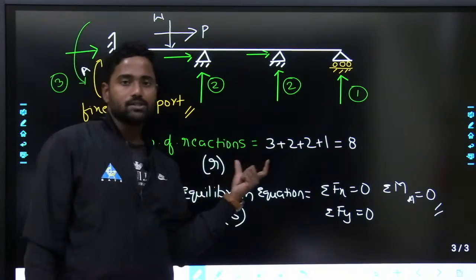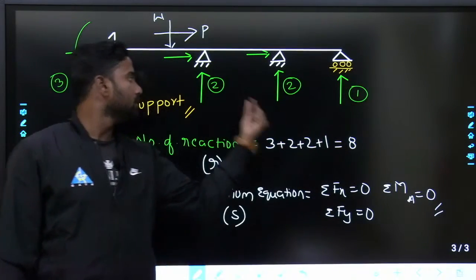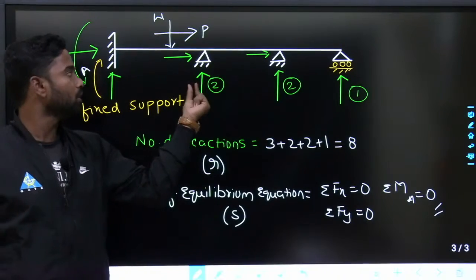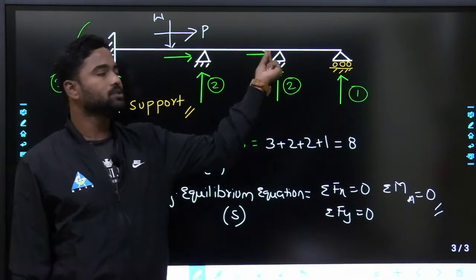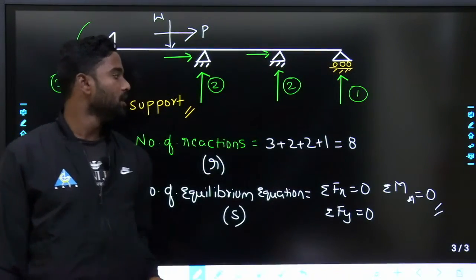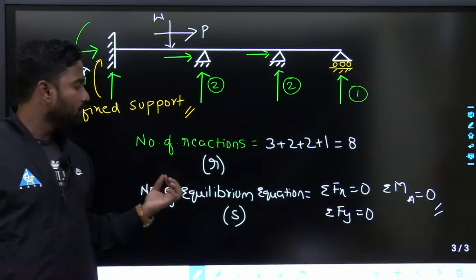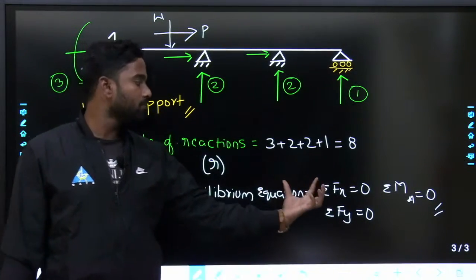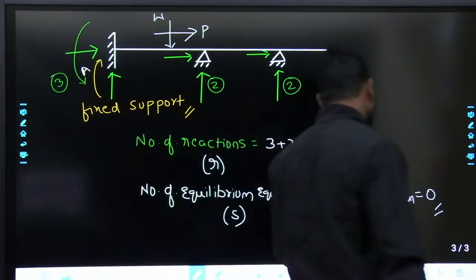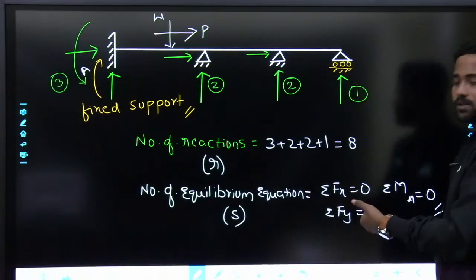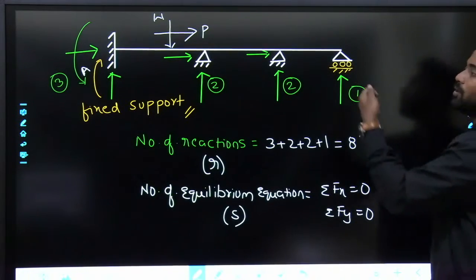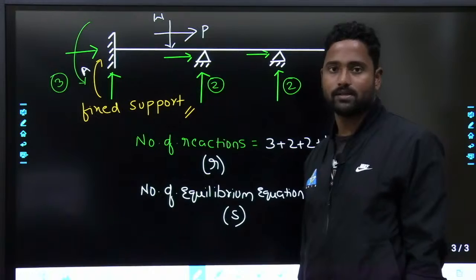The number of reactions is 3 at the fixed support, 2 at the hinge support, 2 at the other hinge support, and 1 at the roller support. And the number of equilibrium equations is 3: sigma Fx equals 0, sigma Fy equals 0, and summation of moments about any support equals 0.